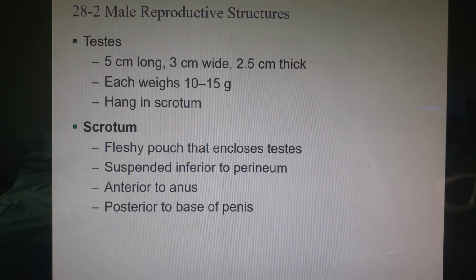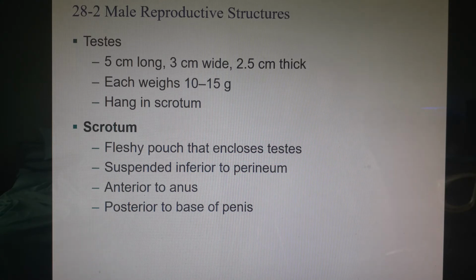So the male body has a way of keeping the testes away from the body so that they're not kept all the way up at 98.6 degrees. And that is through the scrotum and through a set of muscles that are able to lift and lower the testicles up against the body if it's cold, or lower them down more if it is hot. And that helps keep the testes at the right temperature for proper sperm development.